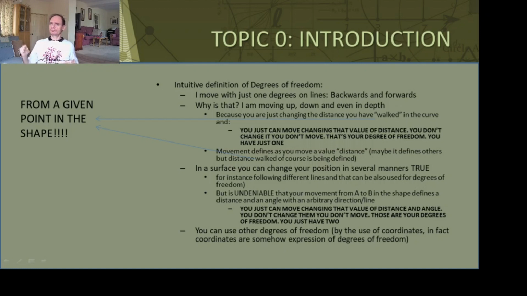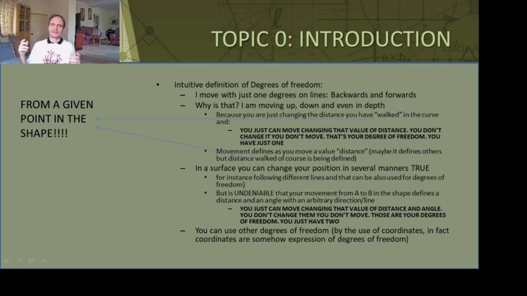Just think on the following. When I move, I am changing distances, but I can keep distance and then just change angle, as if I were moving on the circle that is at this distance from the origin of coordinates.